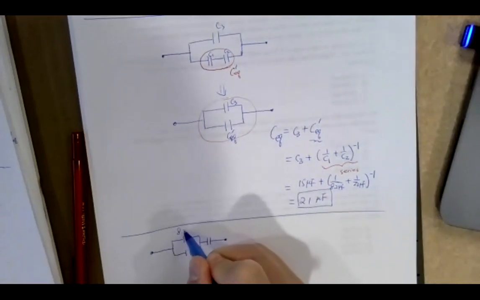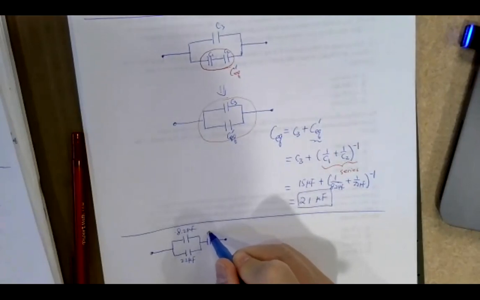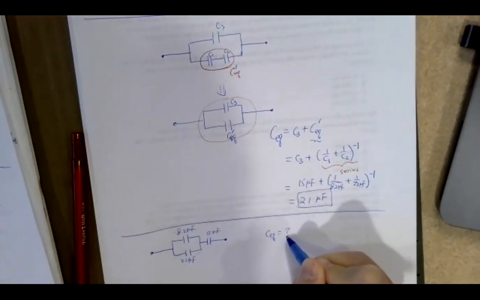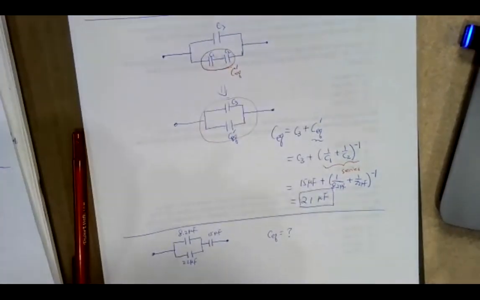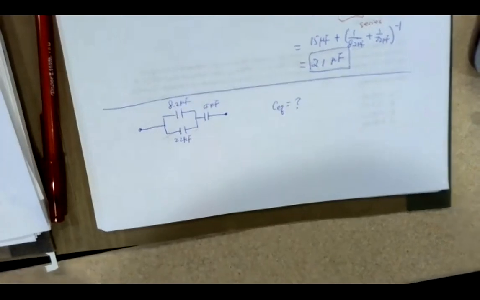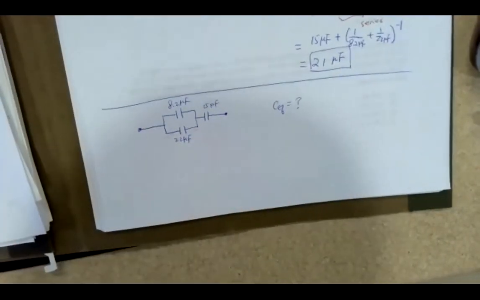If this is 8.2 microfarad, this is 22 microfarad, and then this guy will be the 15 microfarad. So in this case, what will be the total equivalent? You guys can use this as an additional exercise.